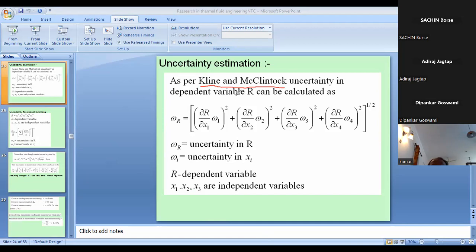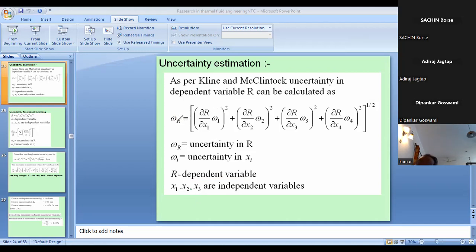So uncertainty in R, where R is the dependent variable. Please understand, R is what? Dependent variable. And omega is what? Uncertainty, error we can say. Uncertainty in R is given by this equation, where X1, X2, X3 are independent variables and capital R is the dependent variable.